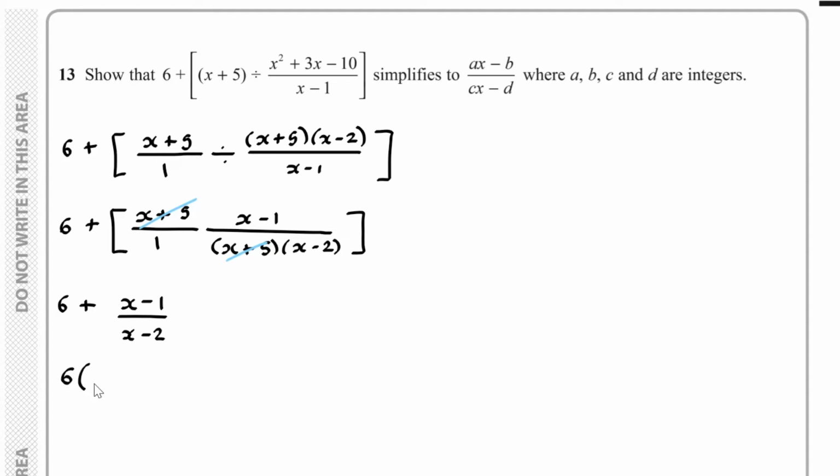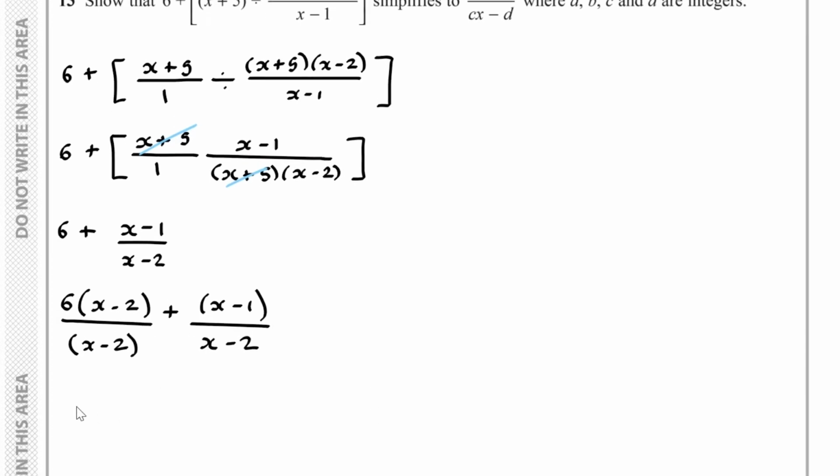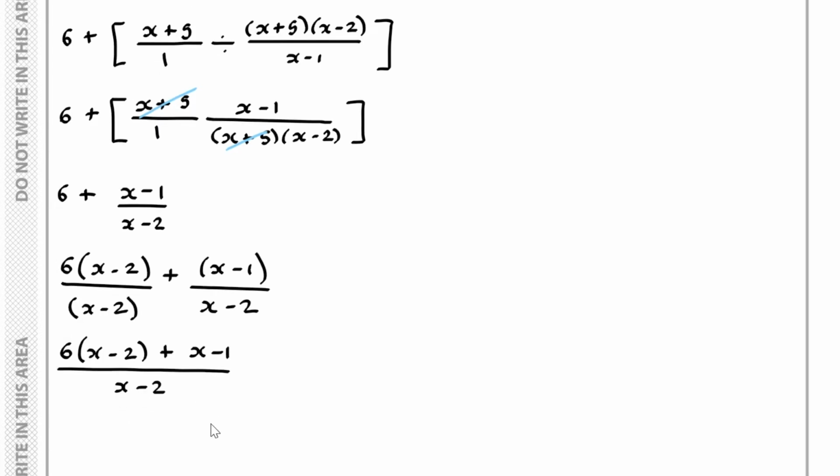So the 6 we can rewrite as 6 lots of x minus 2 over x minus 2. And then we're adding on x minus 1 over x minus 2. So here we have 6 lots of x minus 2 plus x minus 1 on the top, and on the bottom we have x minus 2.